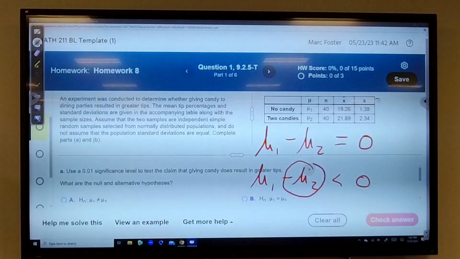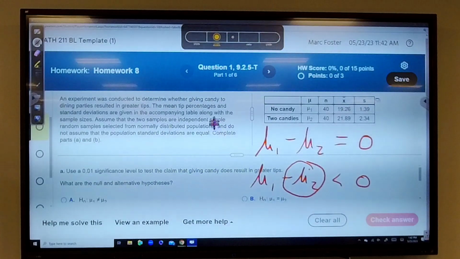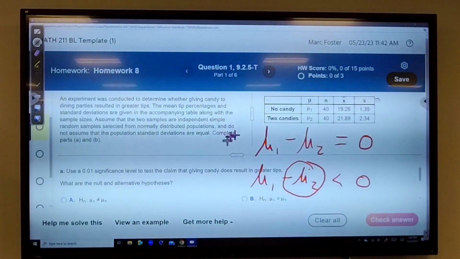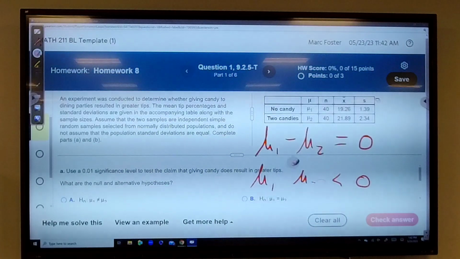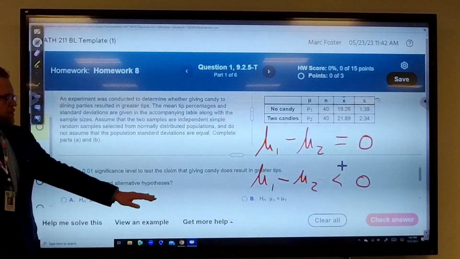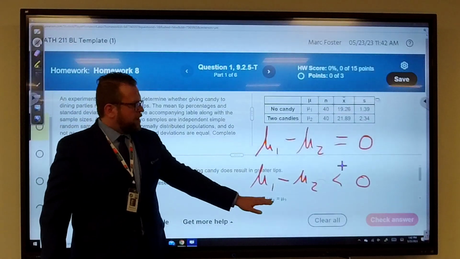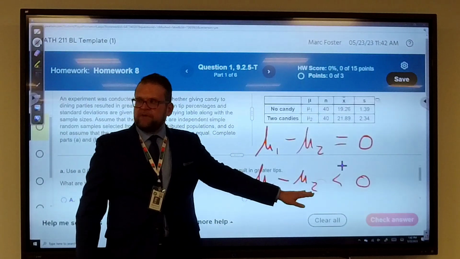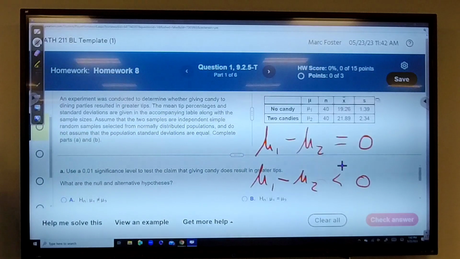If I'm going to take away from mu1 a number that's bigger than mu1, shouldn't it be negative? Yeah. So it's not opposite. It's exactly what we expect. If the average tip for no candy was $20, but this was $22, then that's a negative 2. So it'd be less than 0.